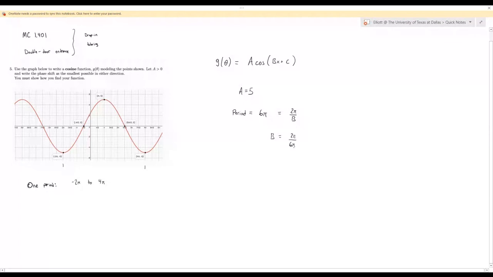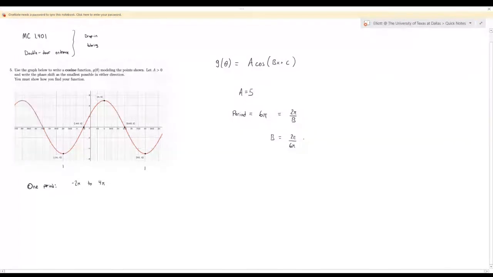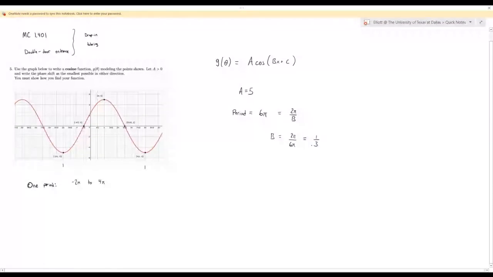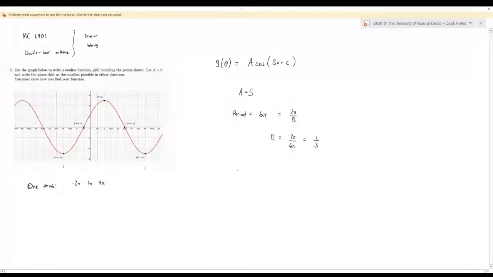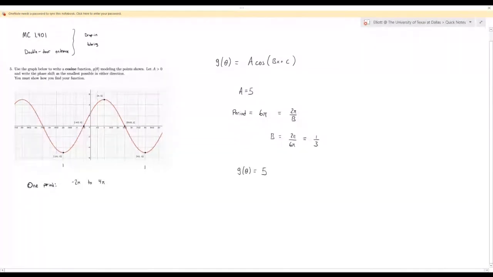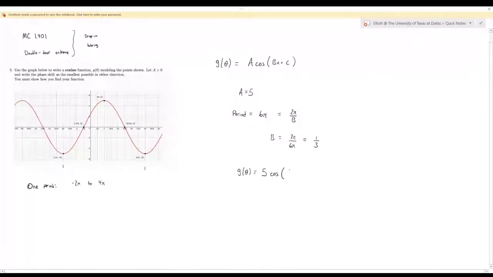So b is 2 pi over 6 pi, which you can simplify to be 1 over 3. All right, so let me see here. We have this function right now: the amplitude was 5, and the b was 1/3.